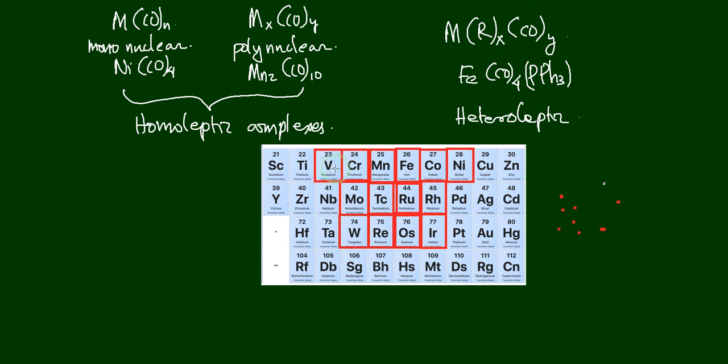In the first row, all from vanadium to nickel are giving, but in the second and third row, only the chromium, manganese, iron and cobalt groups give carbonyl complexes. Others are not giving. So you can easily remember these metals which give homoleptic carbonyl complexes, either polynuclear or mononuclear.